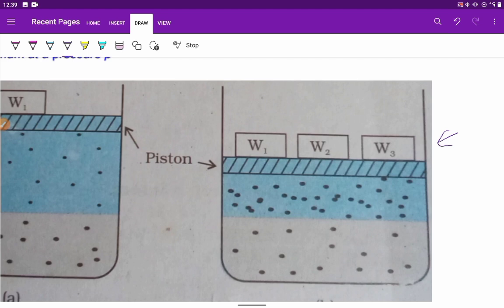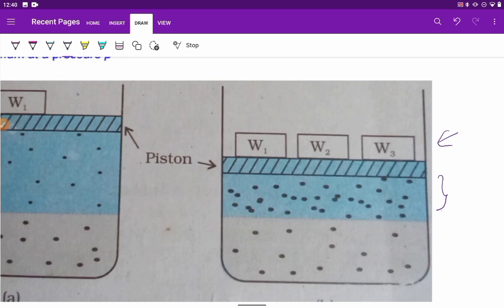So this will increase the number of gaseous molecules per unit volume, because the volume has been decreased as we are increasing the pressure. So this will increase the number of gaseous molecules per unit volume over the solution.